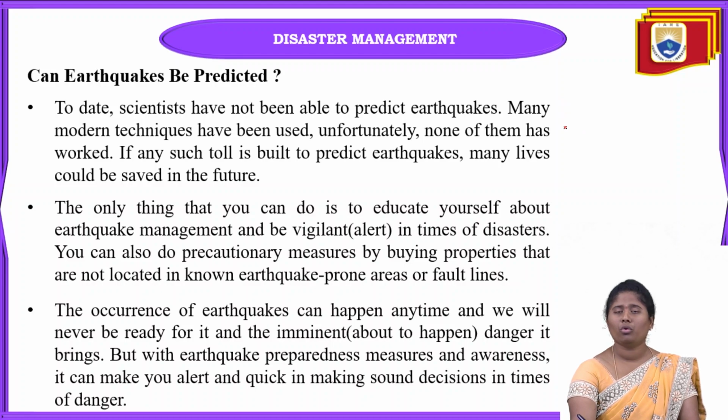Up to now, no scientist has been able to predict earthquakes. Why? Because we cannot foretell any type of natural disaster. Even in this modern era, none of the techniques we use have worked.